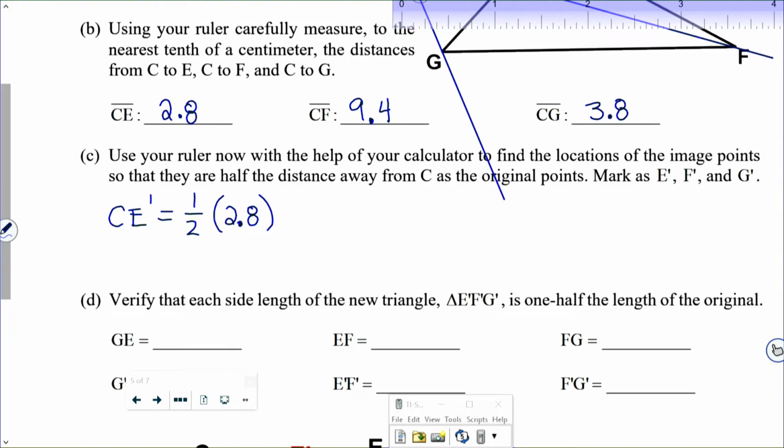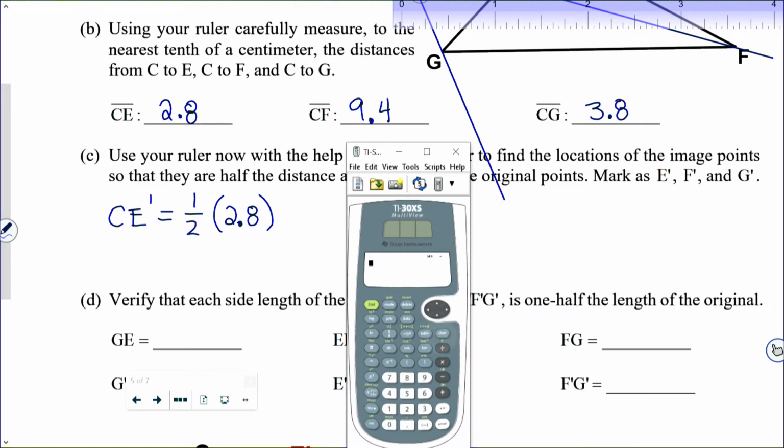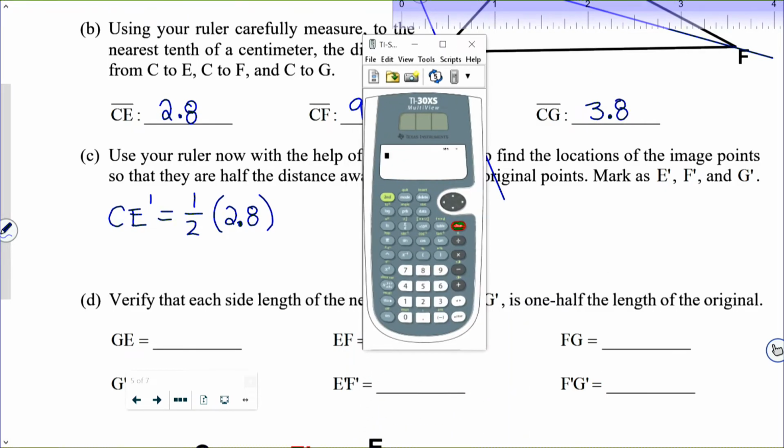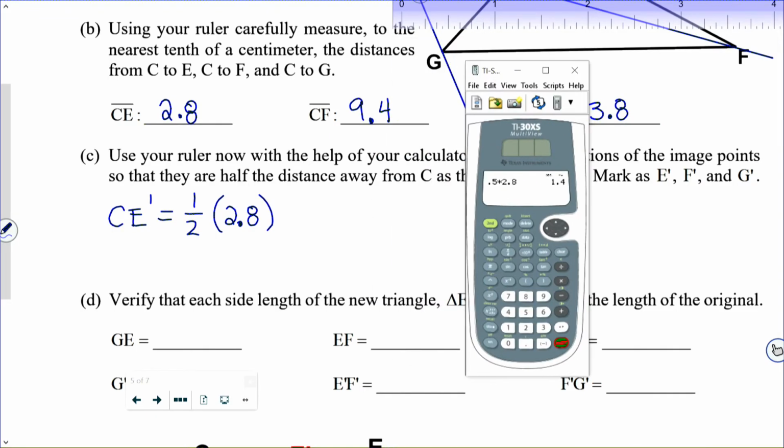If you don't want to do that division in your head, you just take your calculator out. You can either divide by 2 or multiply by 0.5, whichever you feel more comfortable with, and we find that CE prime must be 1.4. Of course, if you can do these in your head, that's even better.